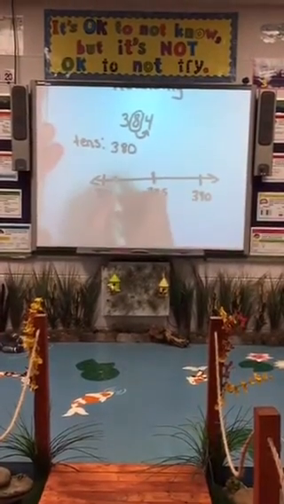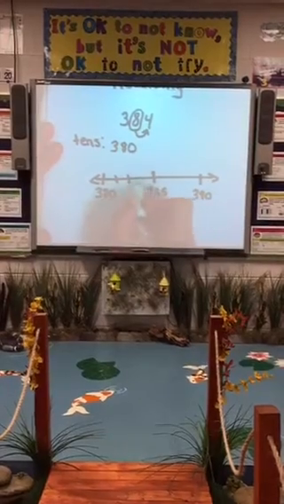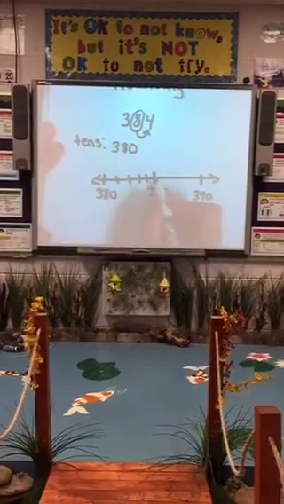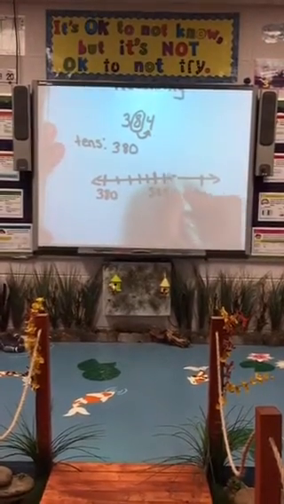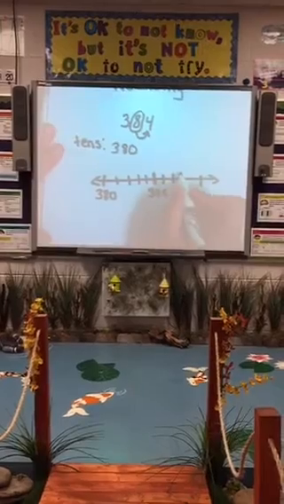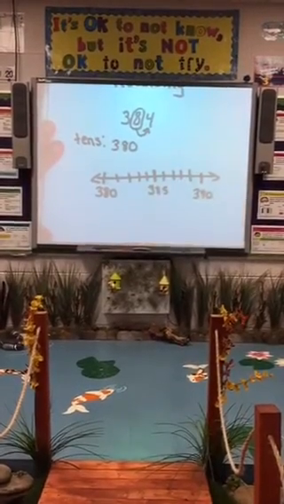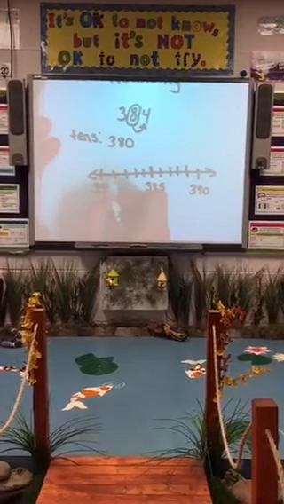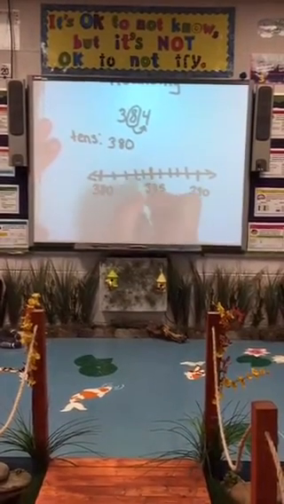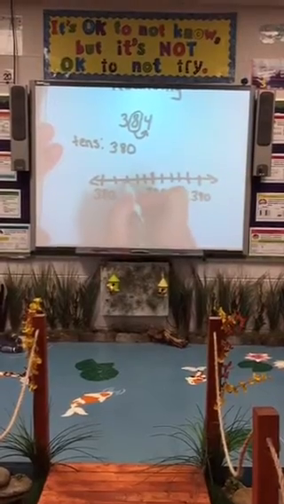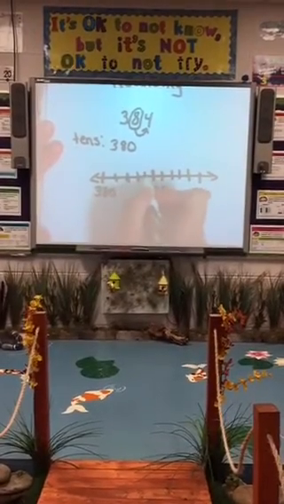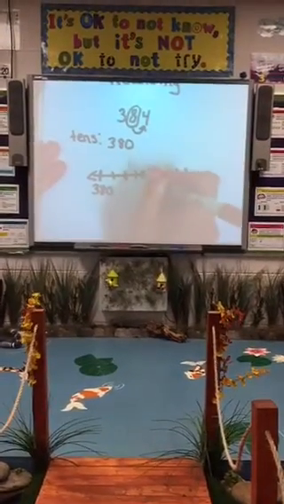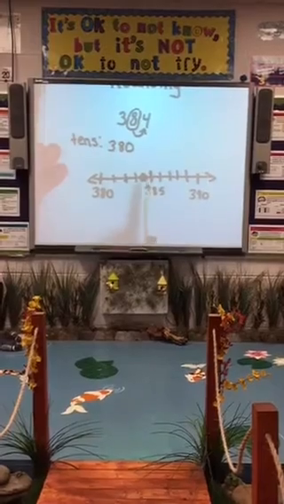Okay, so this would be 381, 382, 383, 384, 385, 386, 387, 388, 389. Alright, so we're going to mark where our number would be, 380, 381, 382, 383, and 384.